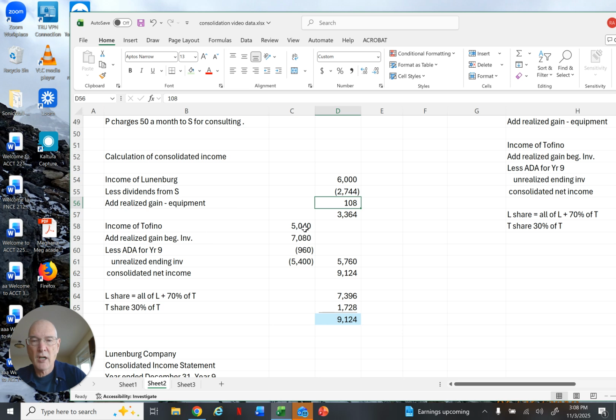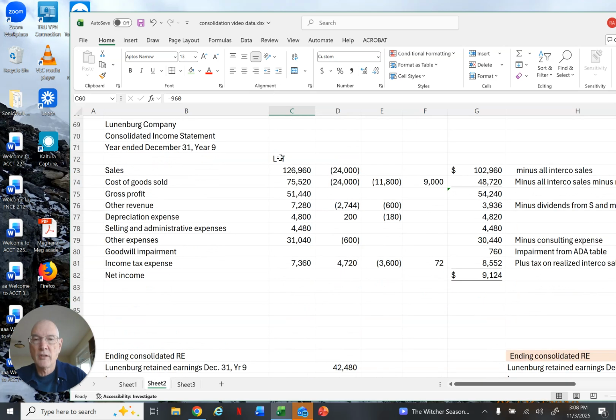Then we took the income of Tofino, we added the net realized gain from beginning inventory, we took away the unrealized gain from ending inventory, and we also charged our ADA and goodwill impairment for the year. So let's see where this takes us on an income statement.